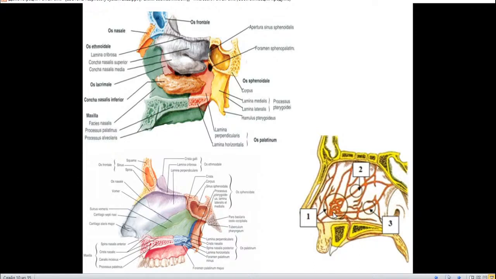It is situated about 1 centimeter from the anterior part in the middle, and nasal bleeding most often happens from this Kisselbach plexus.